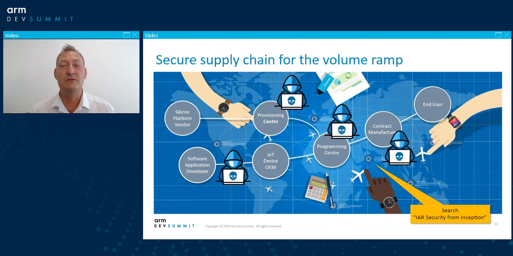And there's kind of a world map in the background there, so you can see that often these people are, of course, distributed globally. Design center might be in the US, integration might be done in Europe, and manufacturing might be done in the Far East. So we have a very complicated supply chain here as we go up the volume ramp.